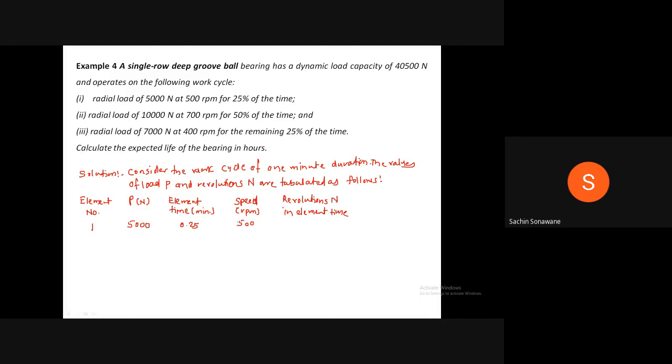Therefore, 500 into 0.25 is equal to 125. Now, second, 10,000.